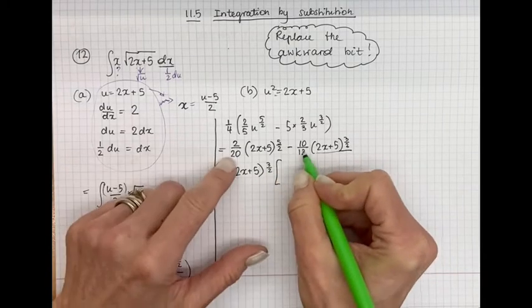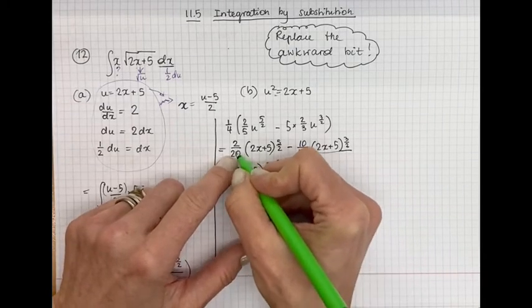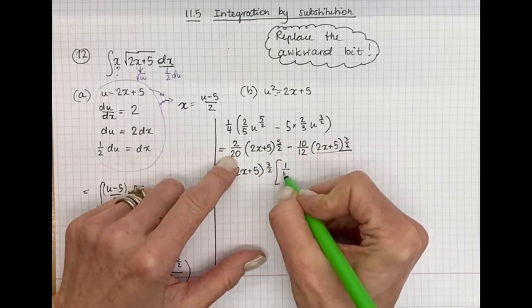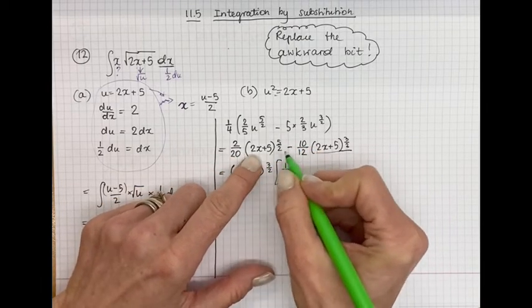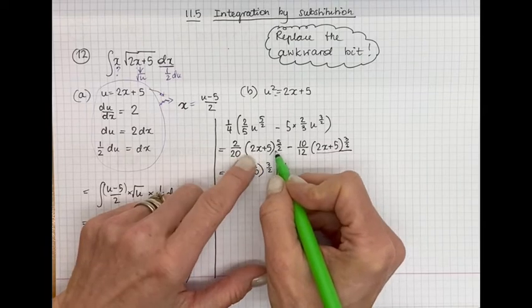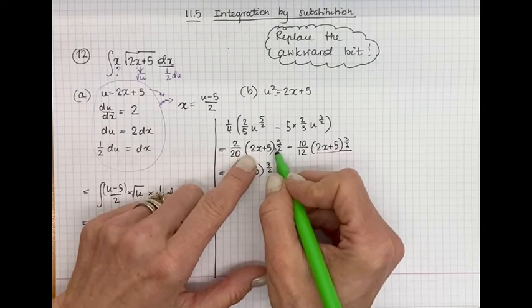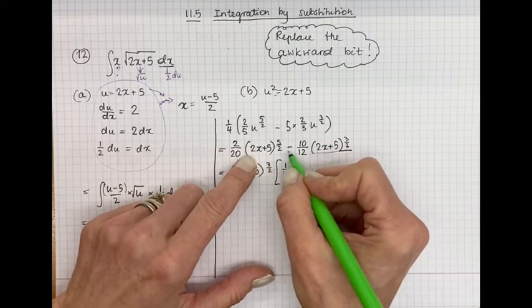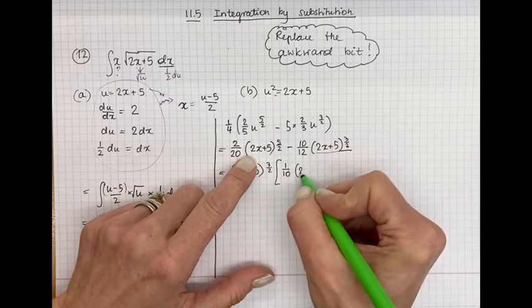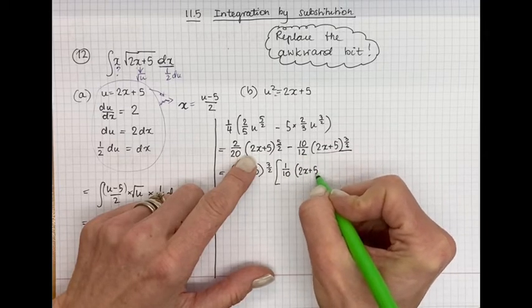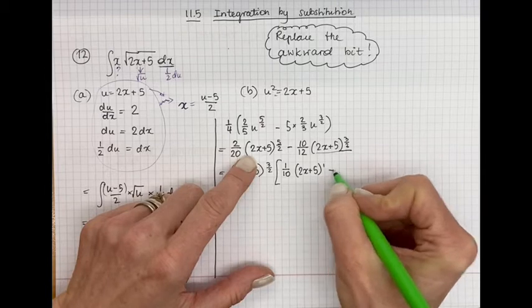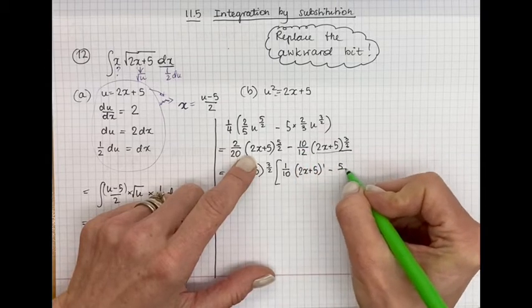Now I'll deal with the coefficients in a minute, but you can simplify these into 1/10. And then you will be left, if you imagine dividing it by 2x plus 5 to the power of 3 over 2, then if you subtract the powers, you'll be left with 2x plus 5 to the power of 1. And then you've got 5 over 6 left.